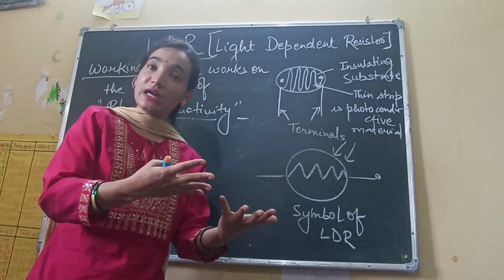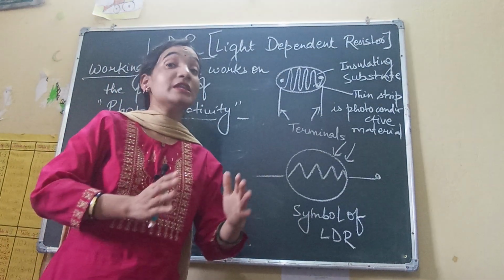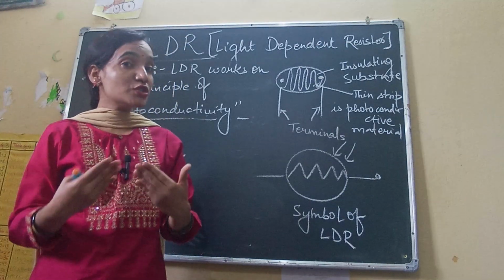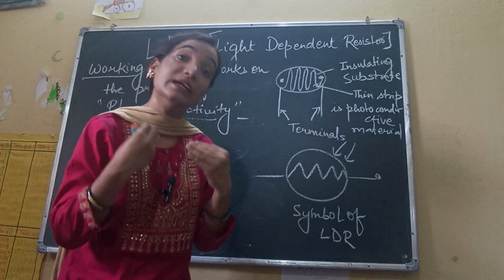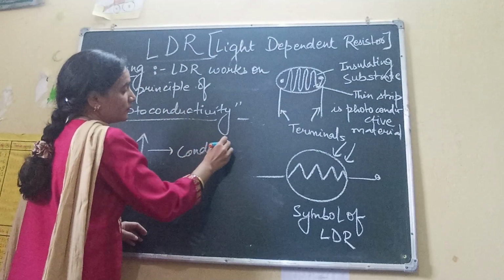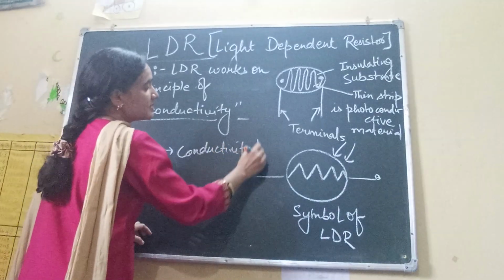And when they go to the conduction band, the number of carriers in the conduction band will increase, and when the number of carriers is increasing, our conductivity is increasing.